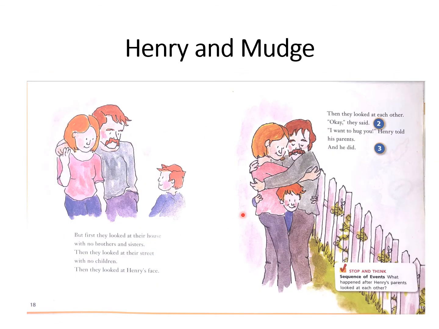In this scene, the parents are taking in what Henry said. They're thinking about it. They're looking at the house. There are definitely no brothers, no sisters. They're looking at the street. There are no children for Henry to play with.